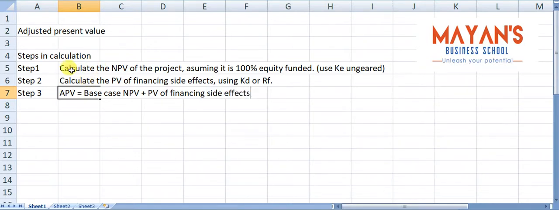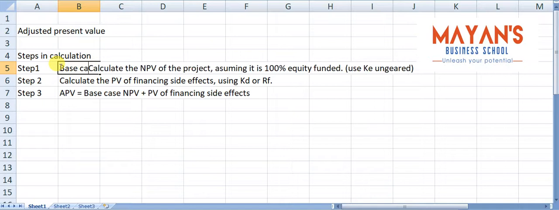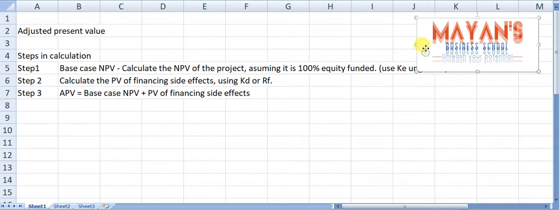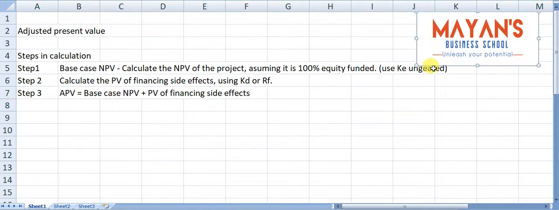I repeat, first one, calculate the NPV of the project assuming it's 100% equity funded. This is what you call base case NPV. Clear?